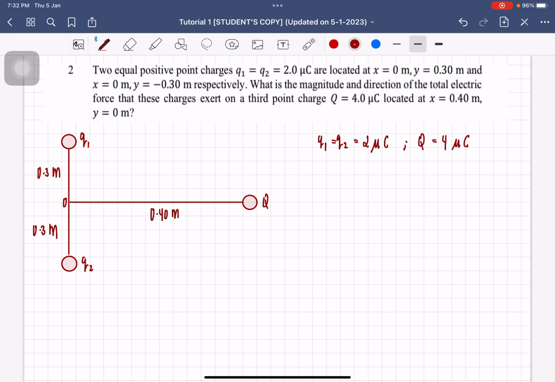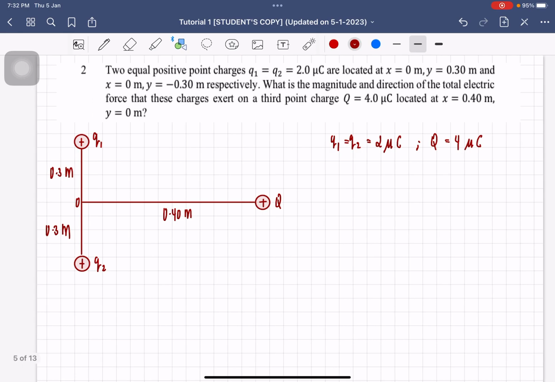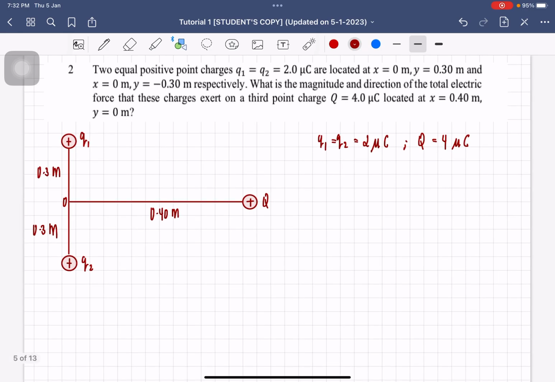So we have to consider the electric force on the point charge at this point here. So this is a positive charge. This is also a positive charge, so they will be repelling each other. Let me just draw it.